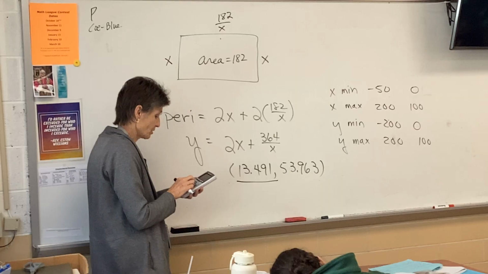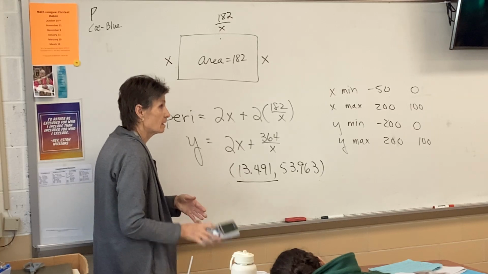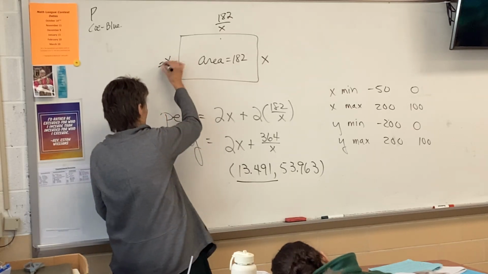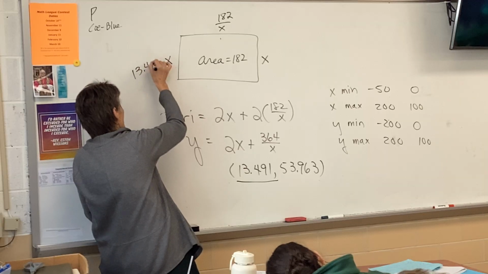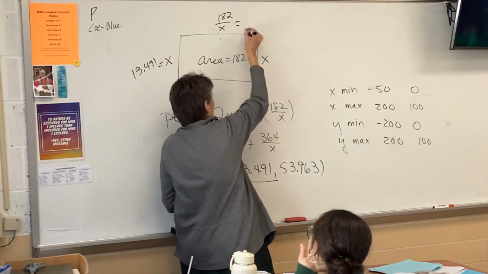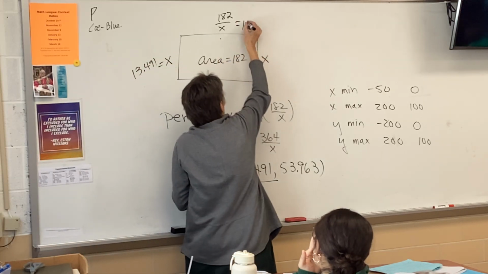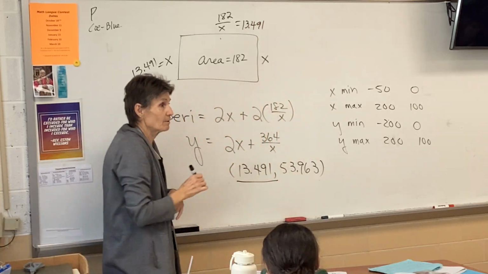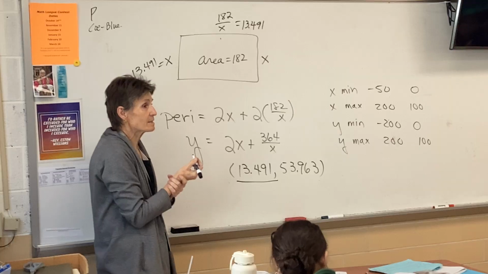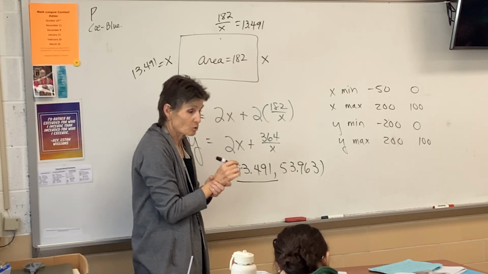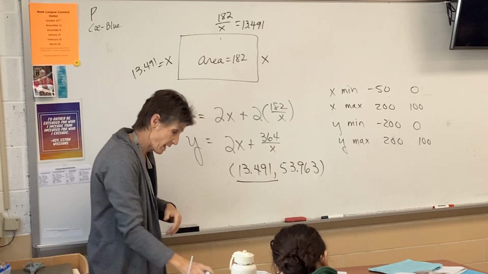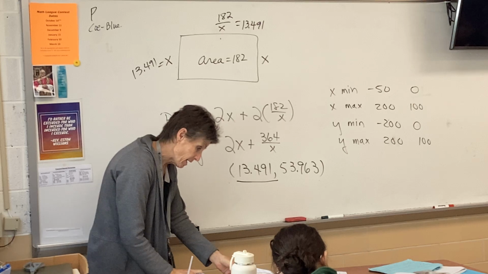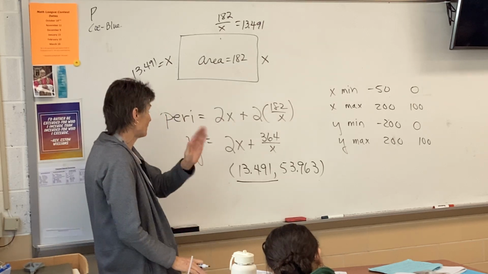Oh my gosh. If this one was 13.491, what did you get for this one? With the round off accounted for. So what is the shape? A square. Yep, a square is going to have the minimum perimeter.